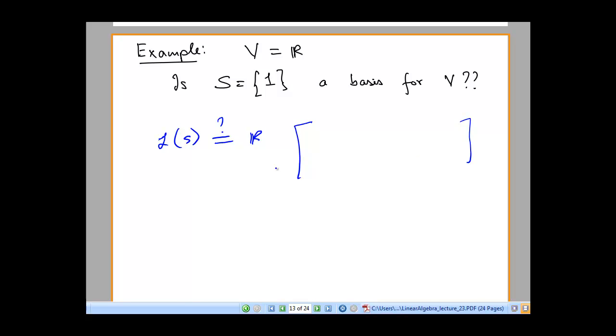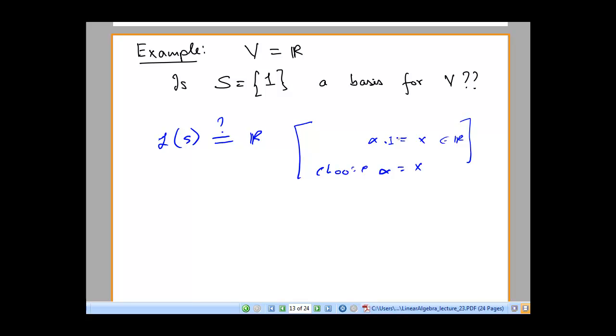So if I want to show that the linear span of S is the whole of R, what do I have to show? That I can scale this vector and reach any other vector. Right? So if x is any other element in my space, then I can scale with alpha, choosing alpha equal to x, therefore alpha times 1 is equal to x.